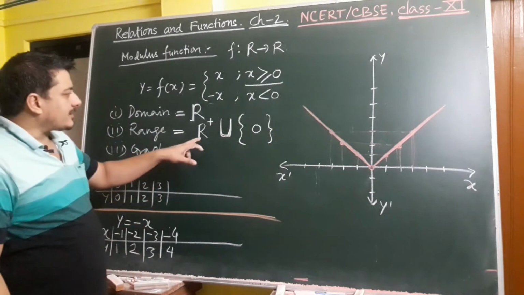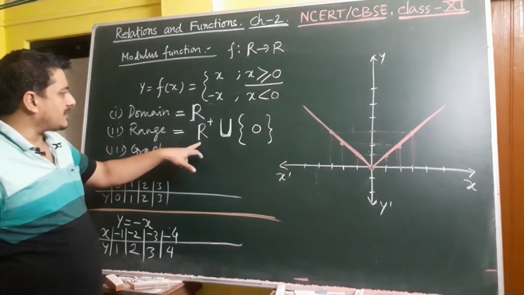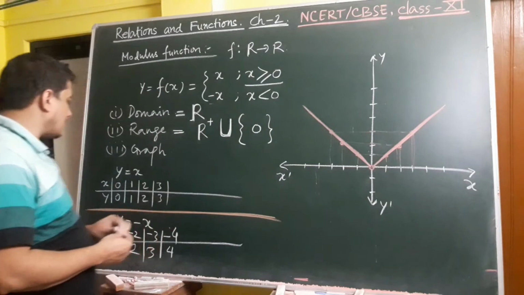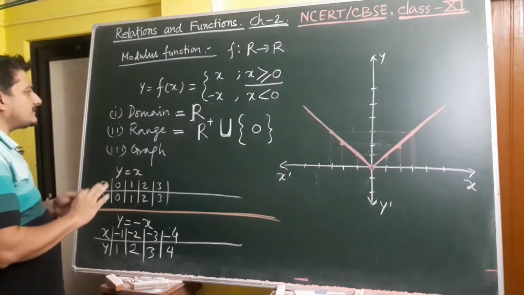Okay, R plus means all the positive real numbers and 0, union with 0. So now this is all about modulus function.